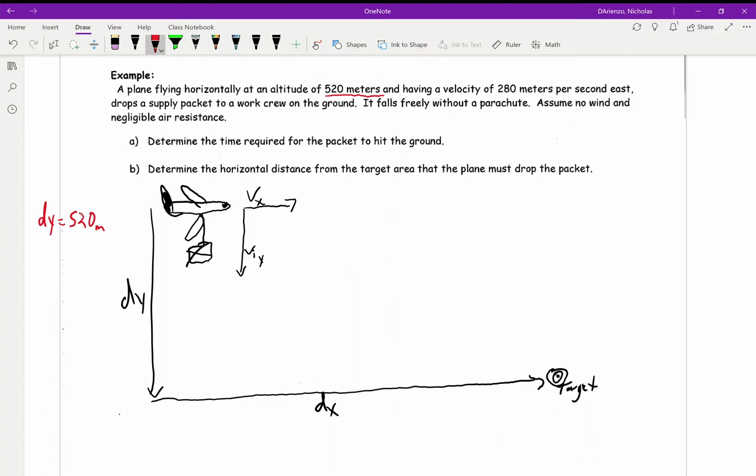Our initial velocity in the Y direction of that crate, because that's what we're dropping, is 0 meters per second. We know the velocity of the plane in the X direction, which is 280 meters per second.